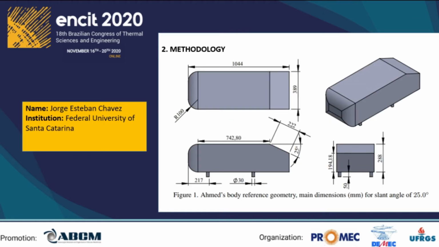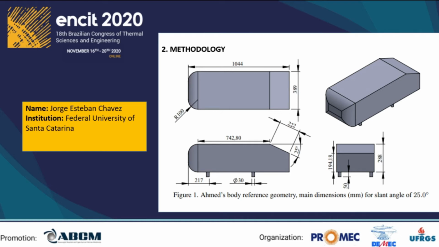Methodology. The Ahmed body reference geometry is composed of three parts. The front section, which is rounded to keep the flow attached to the surface. The central section, represented by a rectangular box with sharp edges, and the back inclined surface, where the flow shows different behaviors according to the angle of inclination.